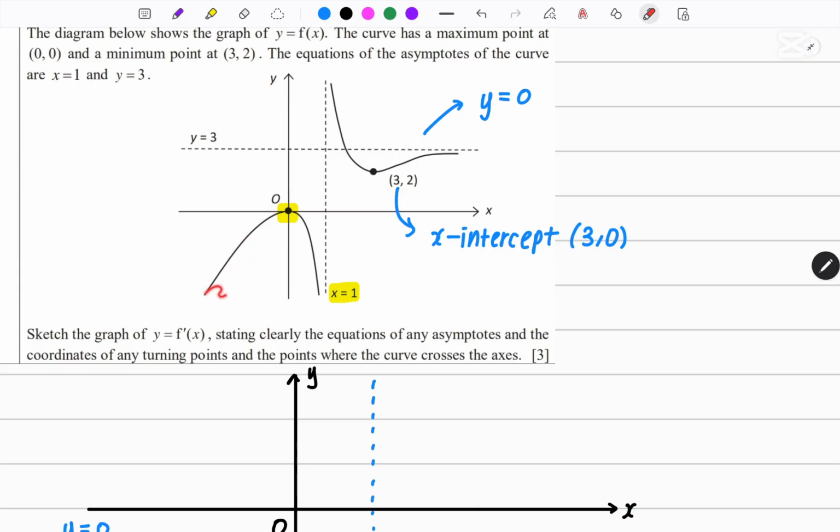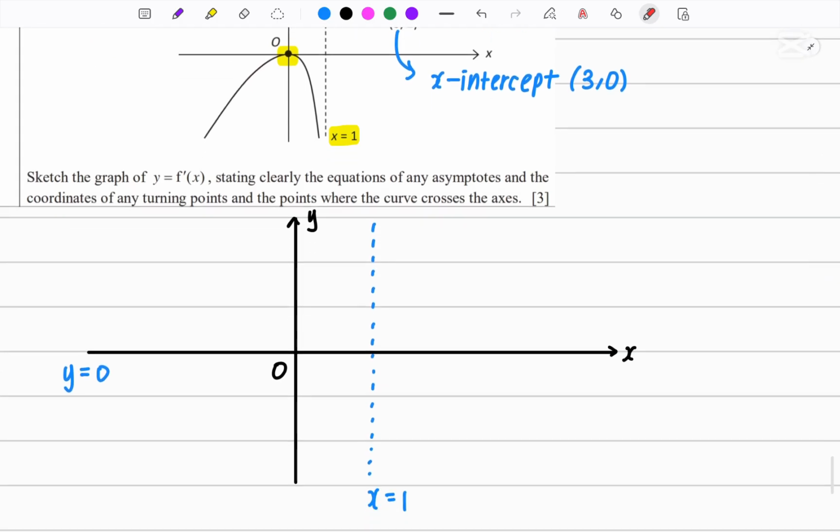Since this graph here, from left to right, is increasing, right? So this graph is y equals f(x). f(x) is actually increasing in this interval, okay? From wherever this is all the way to the origin. So since it is increasing in this interval, that means the graph that we draw over here will be above the x-axis.